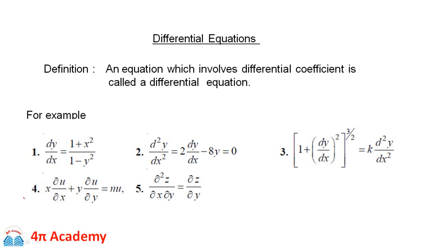The definition of a differential equation is: an equation which involves the differential coefficient is called a differential equation. This is a simple definition. So any equation which consists of a differential coefficient, such as dy by dx equal to 1 plus x square upon 1 minus y square, is a differential equation.